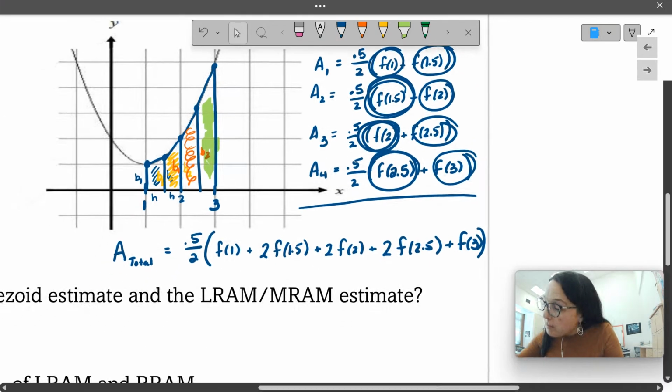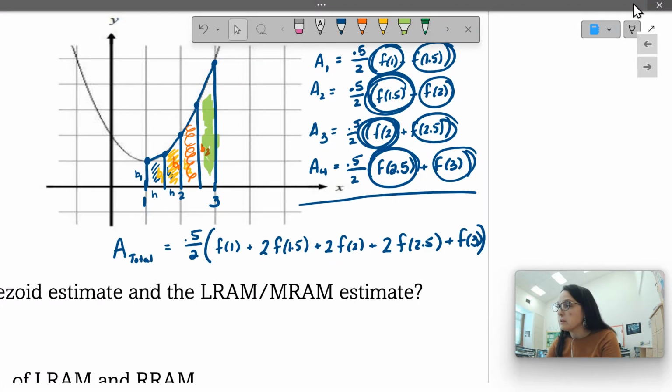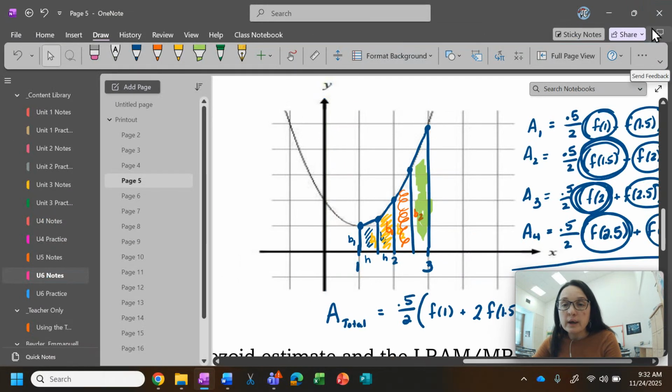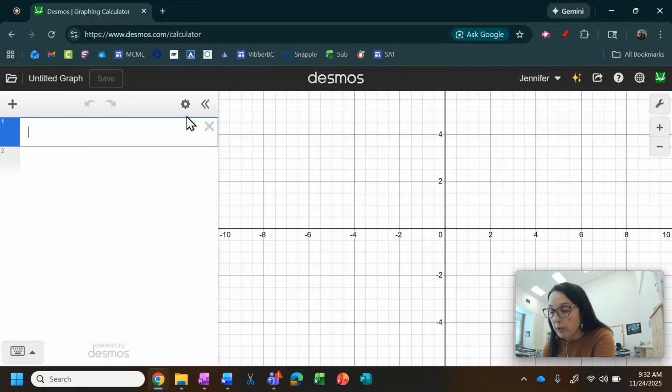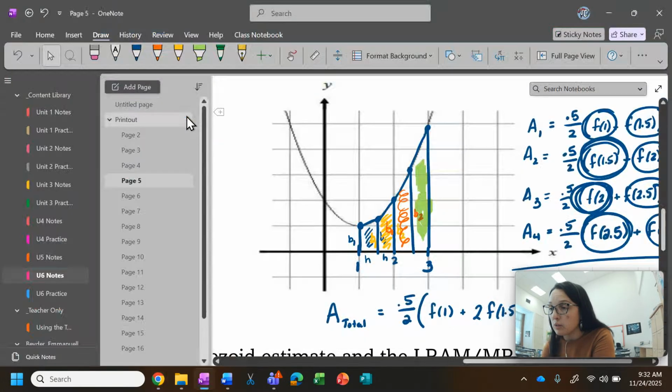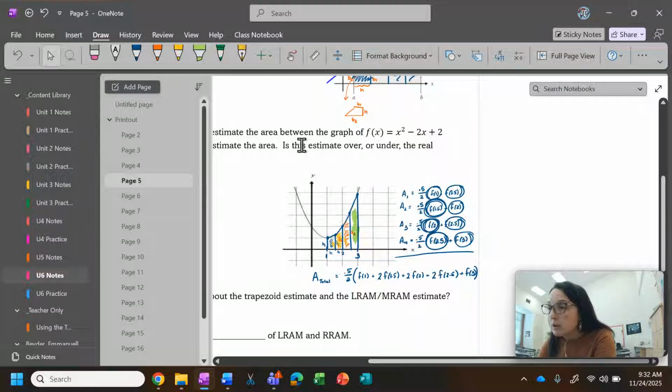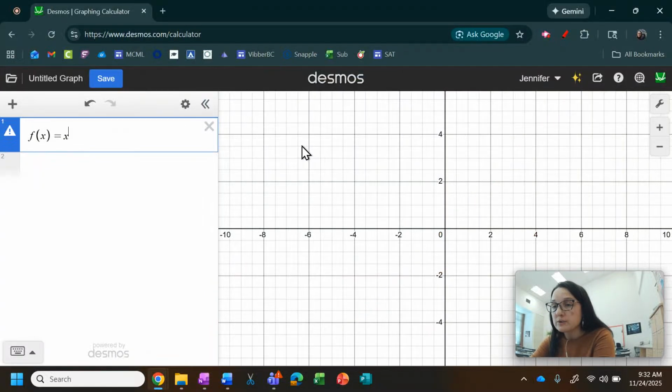And now I'm going to use handy dandy Desmos. All right, and in Desmos, which I pulled up already, this was f of x equals what now? x squared minus 2x plus 2.